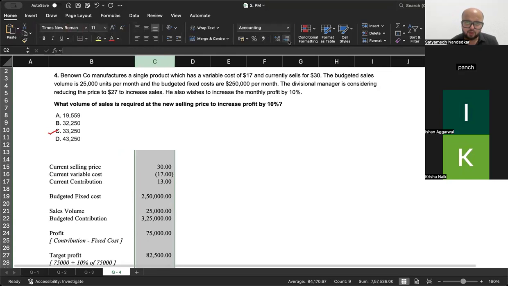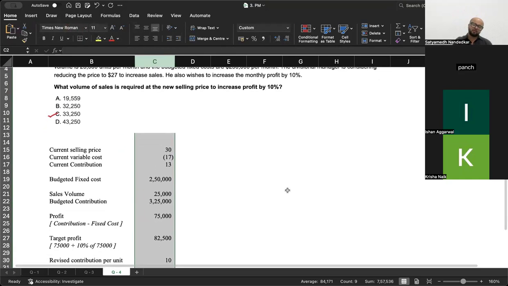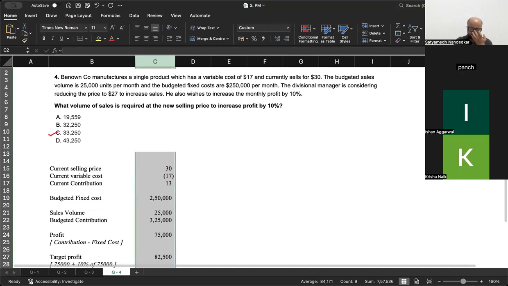Okay. Cool. Have a look at the question and read the question, then read the solution.